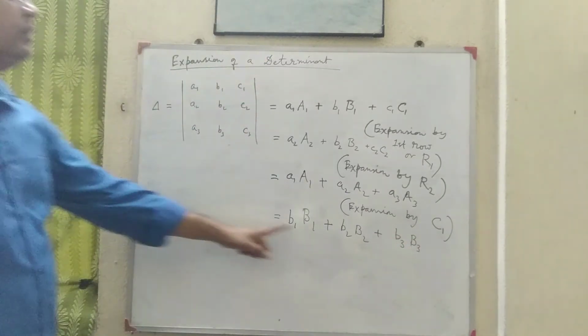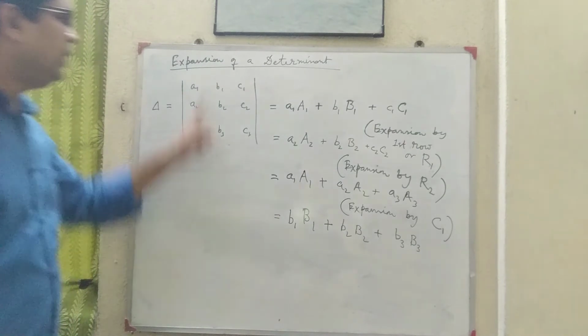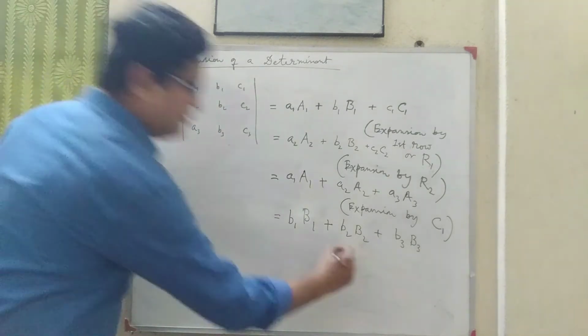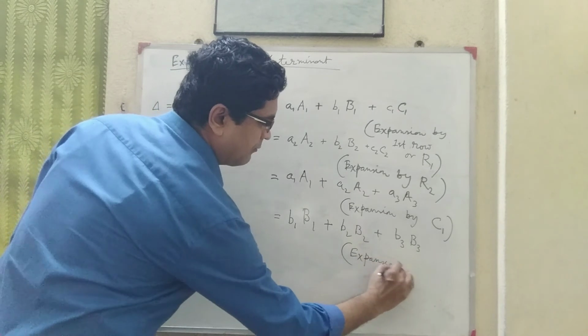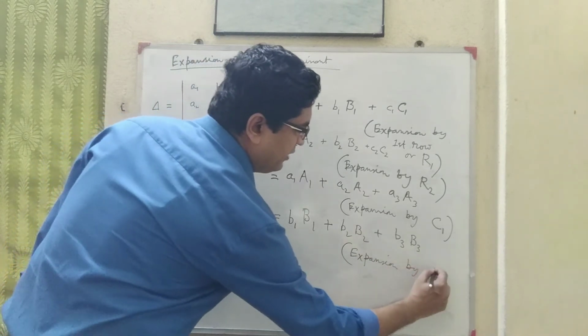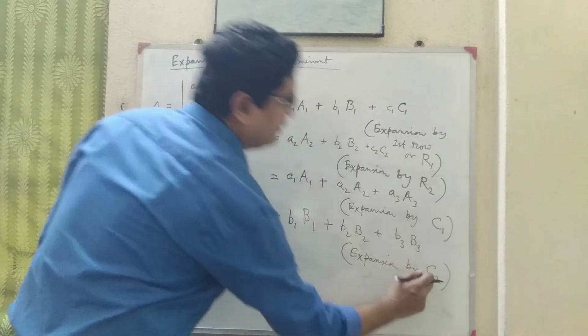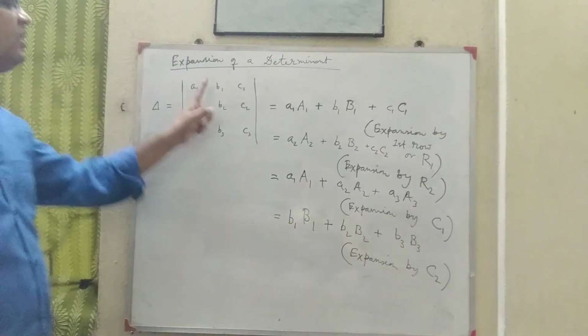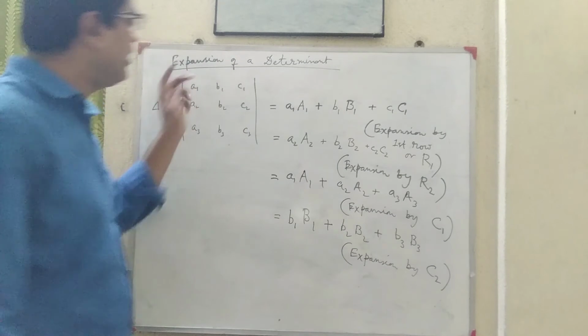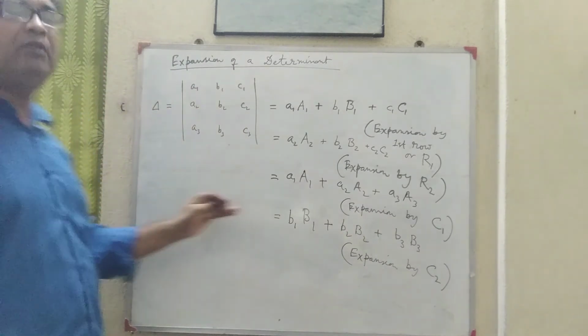So this expansion is by second column, C2. C2 means column 2. So we can expand by any other row or column and we will always get the same answer.